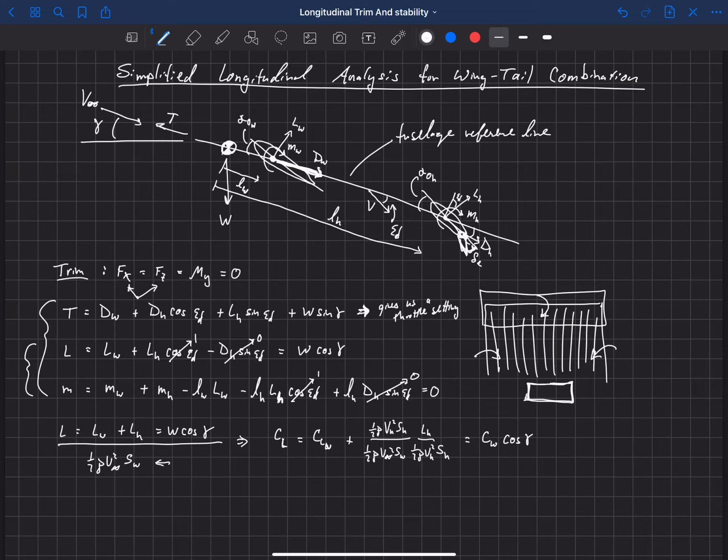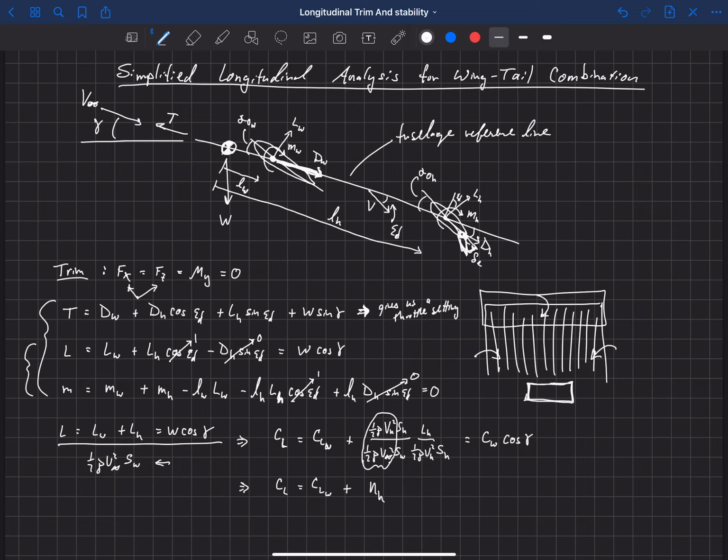I'm going to do one more thing to simplify this equation: CL equals CL_W plus, now this term right here we're going to call a tail efficiency. We're going to give it the term eta sub h. That's the tail efficiency. So this term right here, actually this whole thing right there.